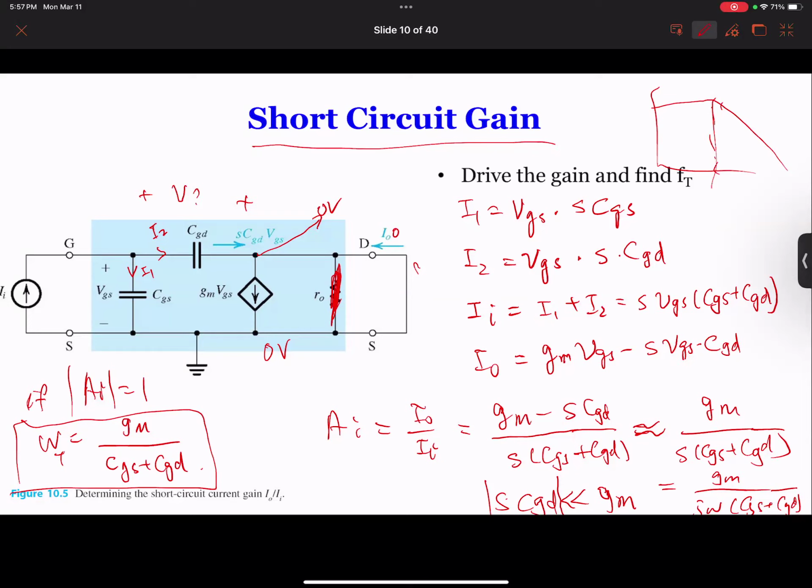It's going to look something like this, and this is the frequency that we'll discuss on Wednesday. In your homework, the very first couple of homeworks is trying to find FT. FT is apparently omega over 2 pi, so it's the same thing. You need to find omega t.